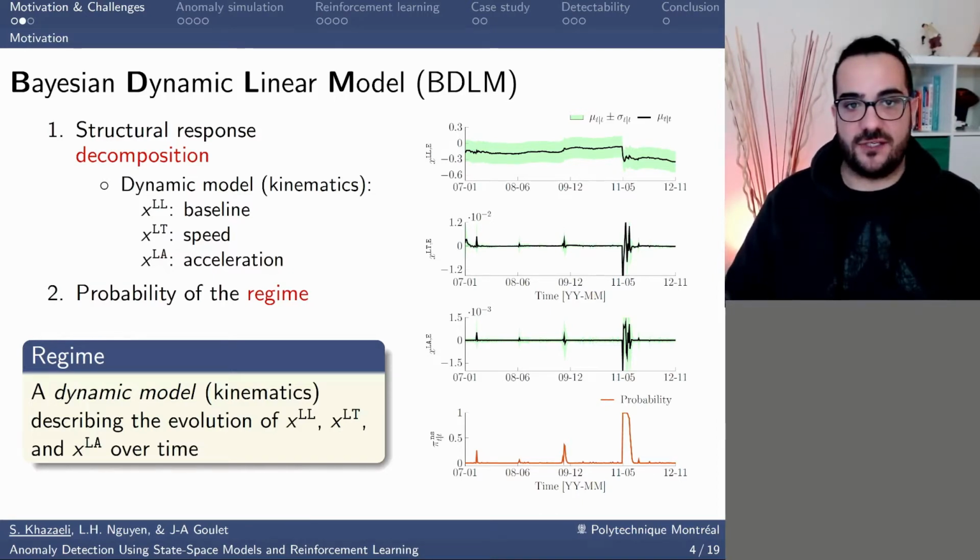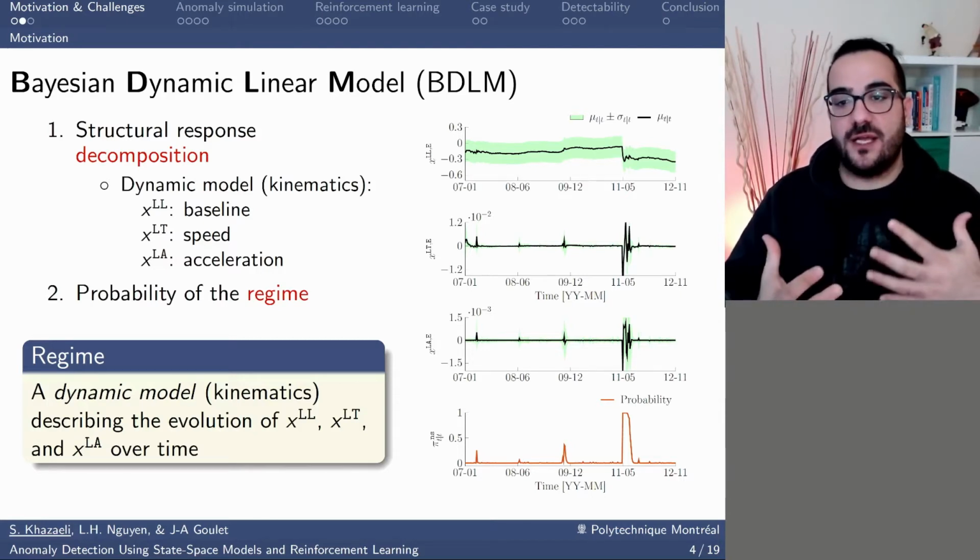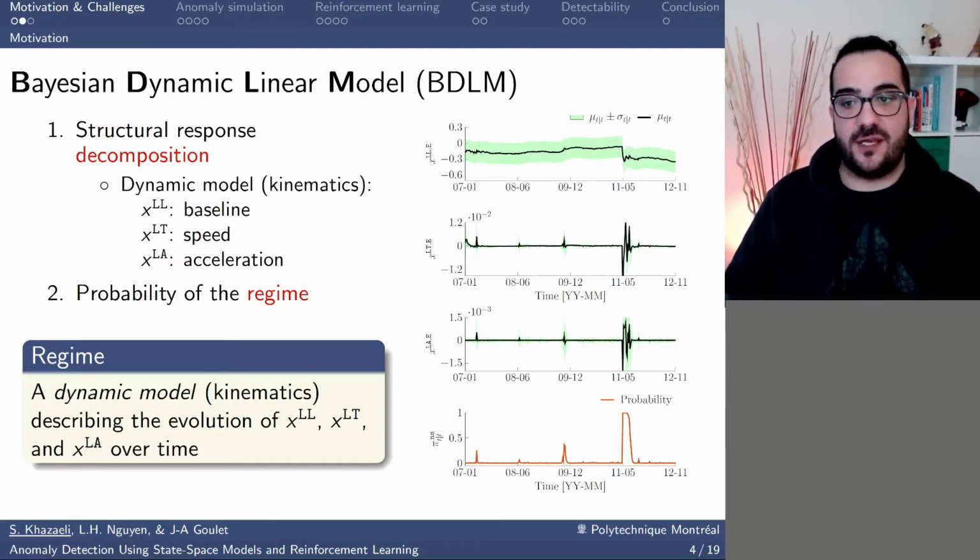The second objective of the BDLM is to identify the regimes, which is a dynamic model describing the evolution of the local level, local trend, and sometimes local acceleration over time. If you look at the speed or local trend figure, the second figure, you notice that we can identify two different regimes.